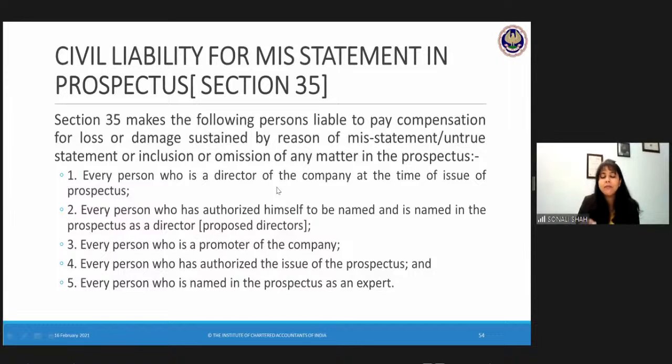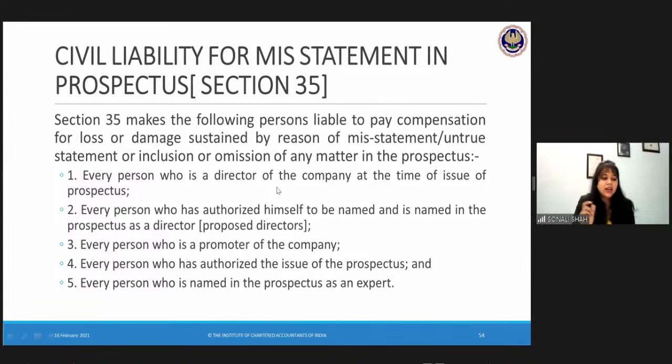Fraud has been done, misstatement is there, amount is involved, there will be a criminal liability. But civil liability is for a situation where, due to that misstatement, a person has suffered loss or damage. So this person who has suffered this loss or damage will be able to recover that amount from the people who have been affixed with the liability for misstatement.